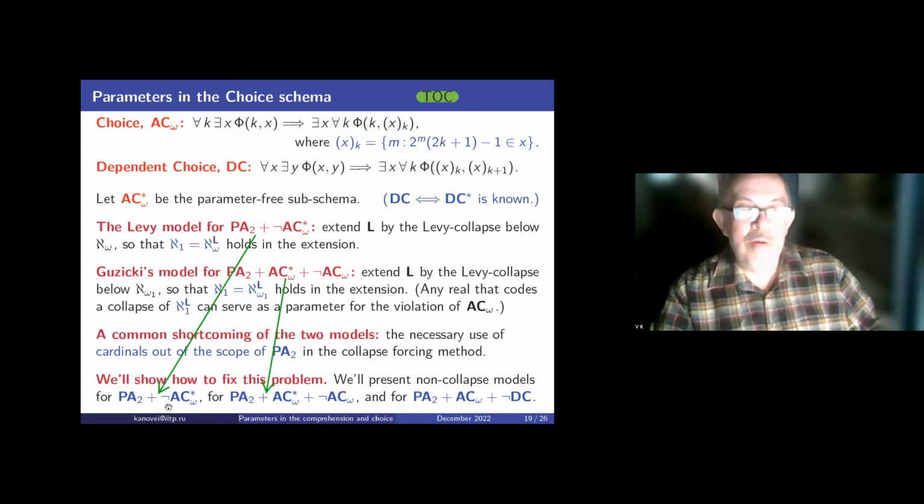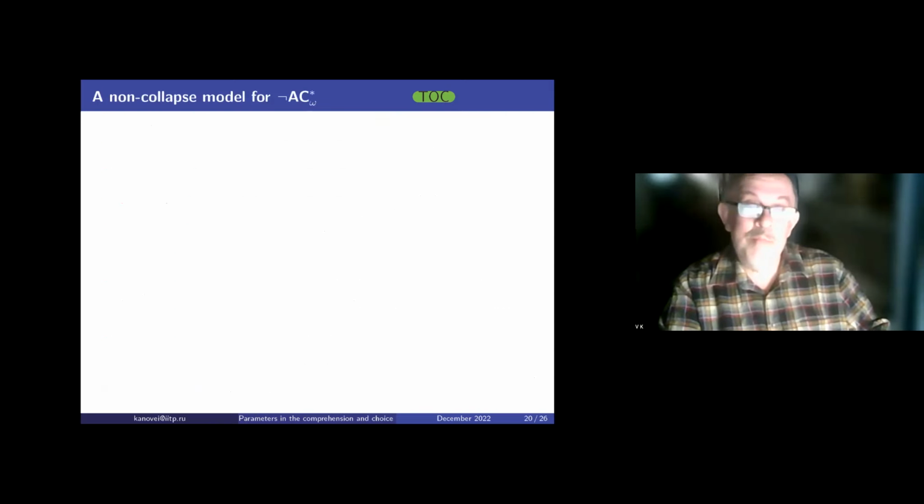So Peano plus the negation of parameter-free choice, Peano plus parameter-free choice but negation of full countable choice, and PA plus full countable choice but not dependent choice, just three successive steps, so to speak.